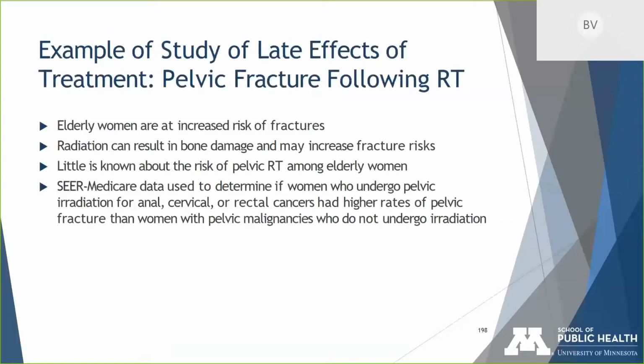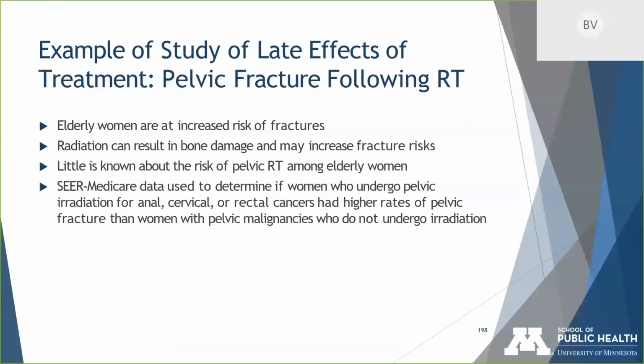So this was a study done by Beth Fernig and Nancy Baxter and some others at the University of Minnesota. The background is that elderly women are at increased risk of fractures, but if they receive radiation, it's known that radiation can result in bone damage, and so that may increase fracture risks.